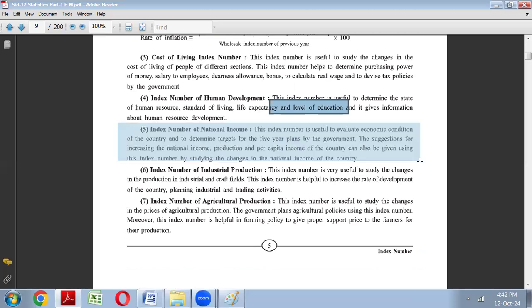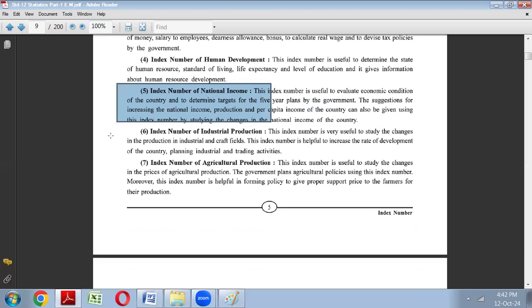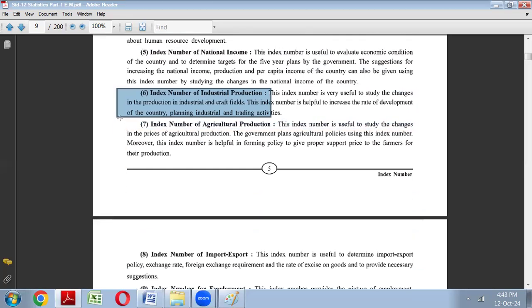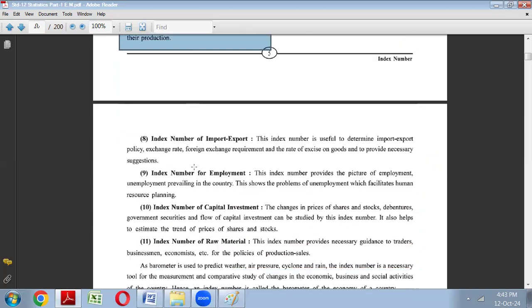Then the index number of national income could be calculated to determine the targets of the five-year plan by the government. Then the index number of industrial production could also be found out. Then the index number of agriculture production could also be found out.